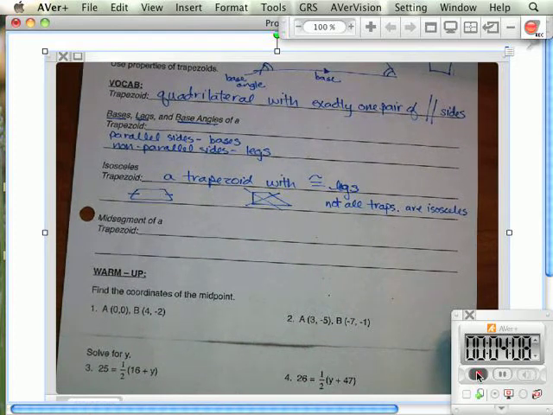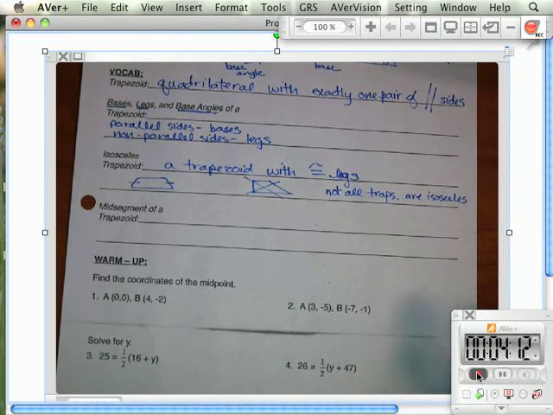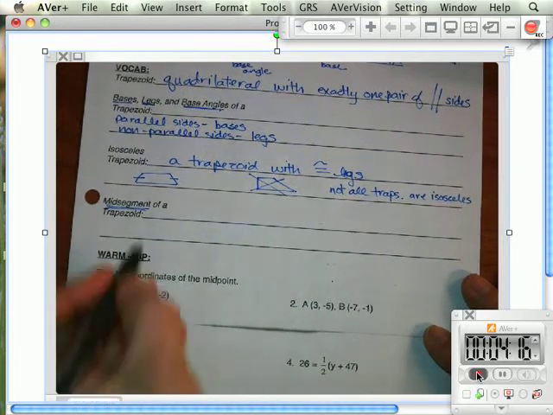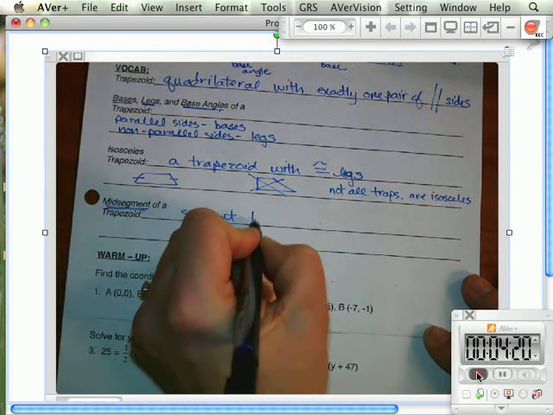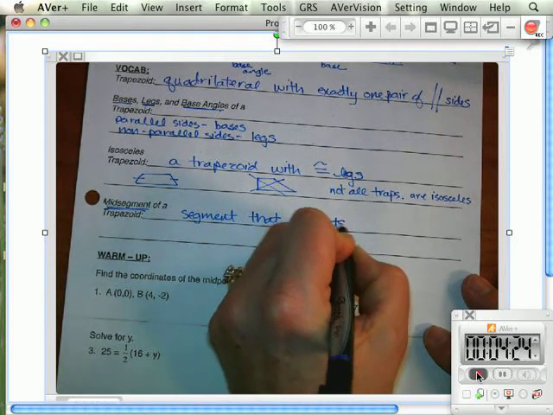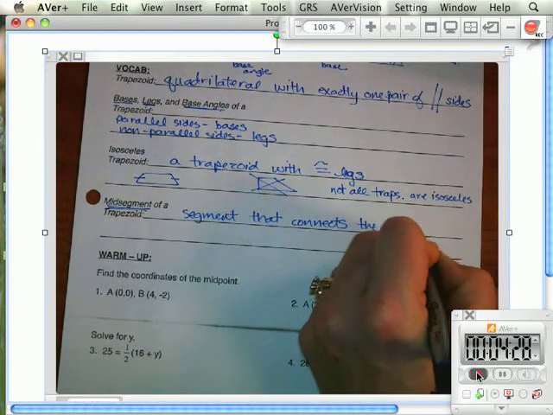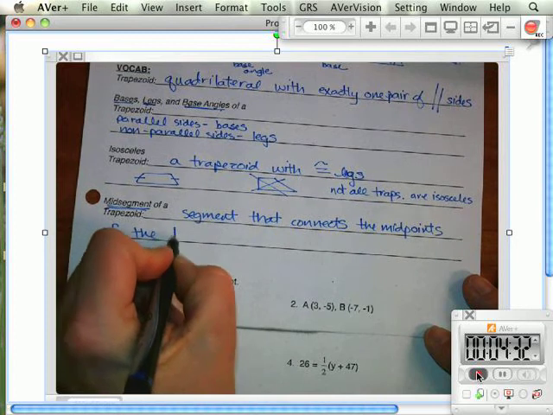Okay, this is something new you may not know. You may have learned it already, I'm not sure. But the mid-segment of a trapezoid is a segment that connects the midpoints of the legs.